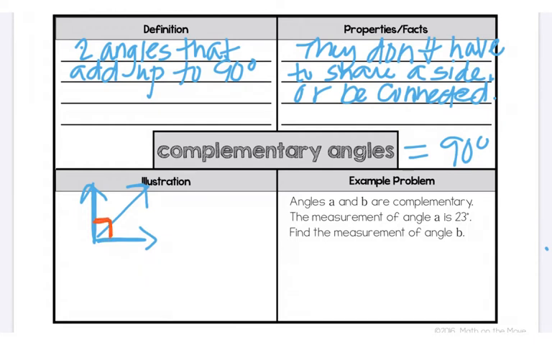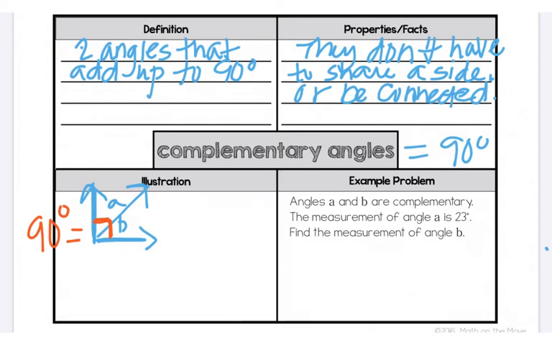So if you have this little red box around your two angles, then that means that these two add up to 90 degrees and they are complementary angles. And we can just call this angle B and angle A again, okay?